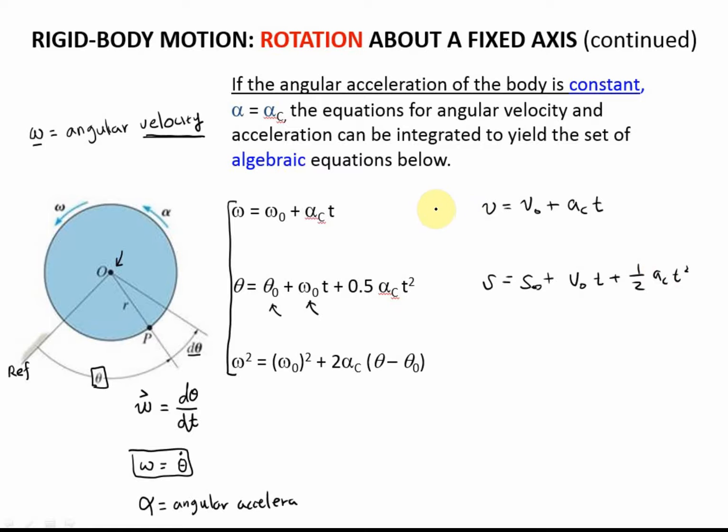So as you see, these are almost the same, but in rectilinear motion we talk about velocity and position change over a straight line, while in rotational motion we talk about the angle and angular position change. But the kinematic equations have exactly the same form.